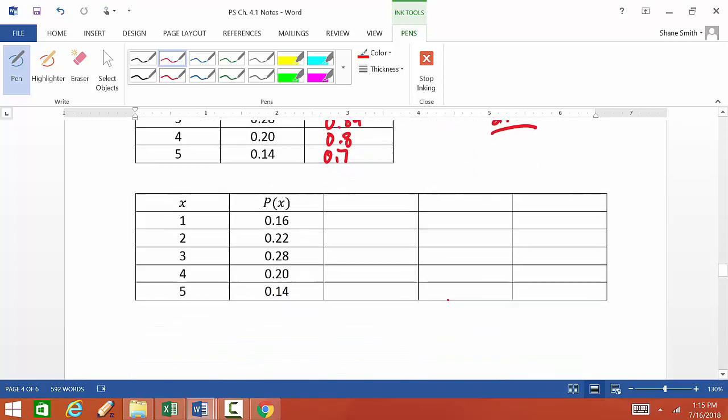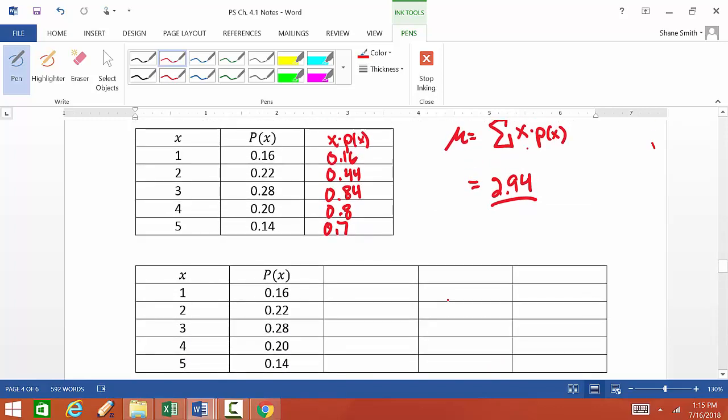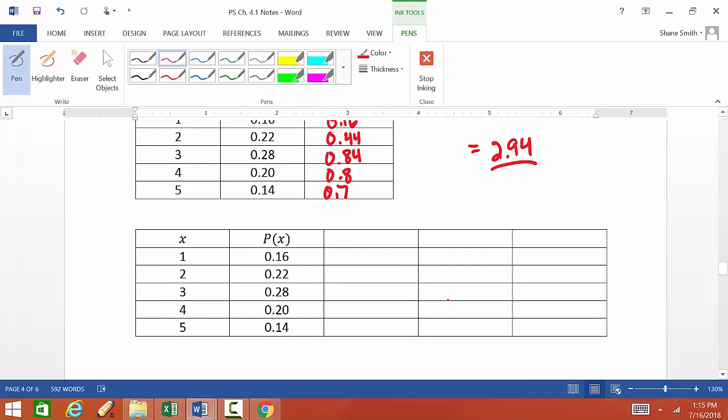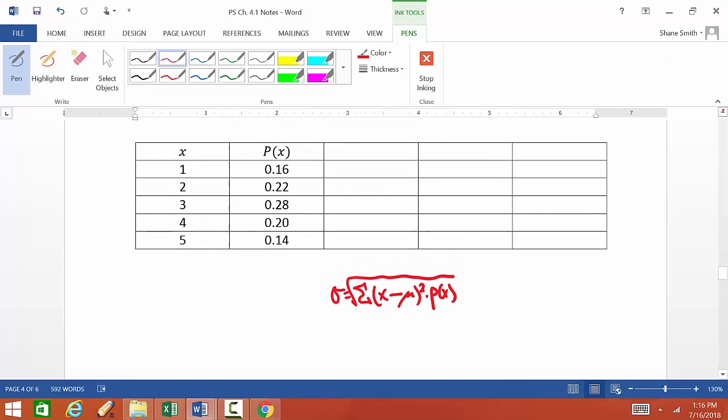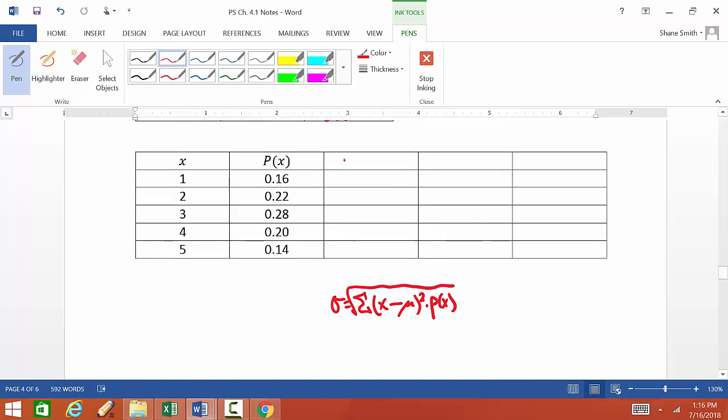Right? So the mean's not too bad, but you need the mean to figure out the standard deviation, which is a little bit harder. So the standard deviation formula, let me write it down here first, is the square root of the sum of x minus mu quantity squared times the probability of x. So I'm going to have one column for x minus mu because that's the first thing in my parentheses.